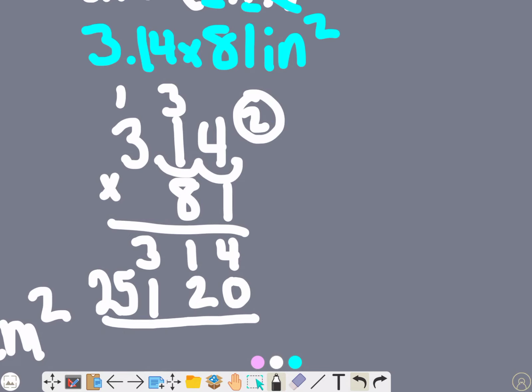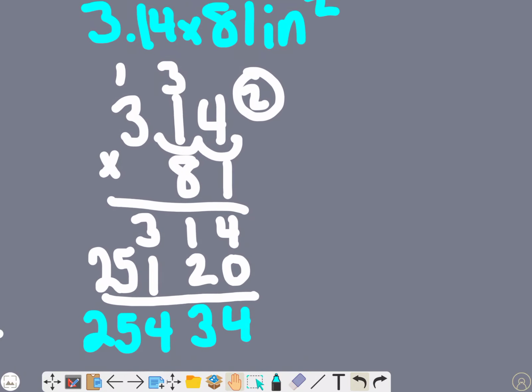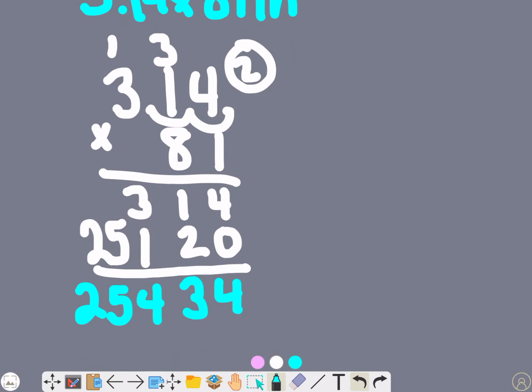And I'll erase that so it's not messing me up. And I'll add my numbers together. 4 plus 0 is 4. 1 plus 2 is 3. 3 plus 1 is 4. 5 plus nothing is 5. 2 plus nothing is 2. And I need to jump my decimal back 2 places.